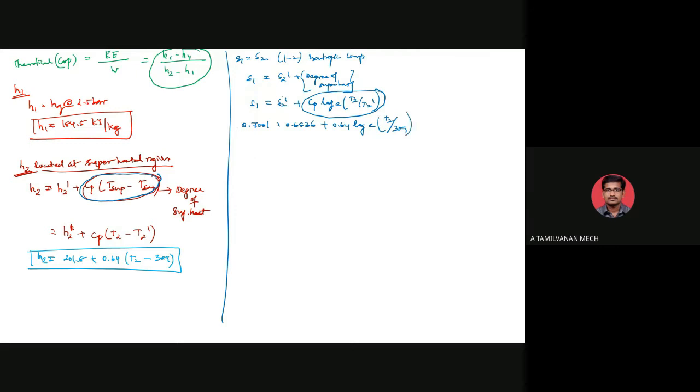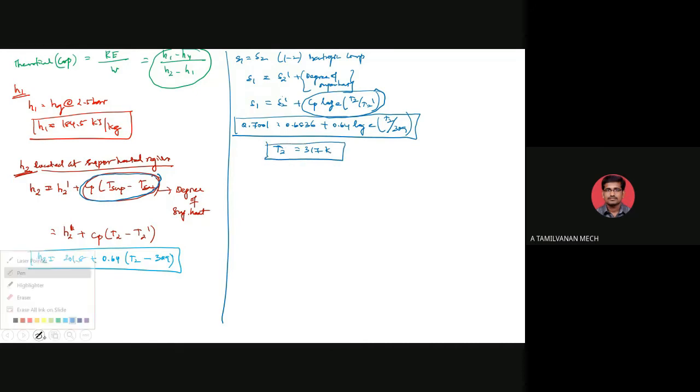From the above equation we have all the values, we only don't know the value of T2. So what is the value of T2? The value of T2 may come around 317 Kelvin.